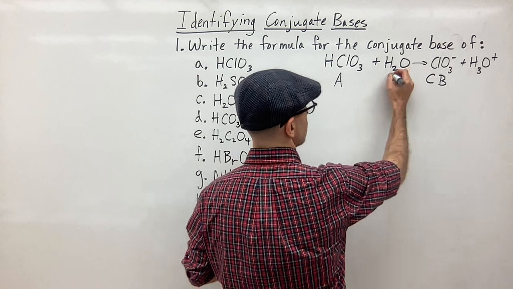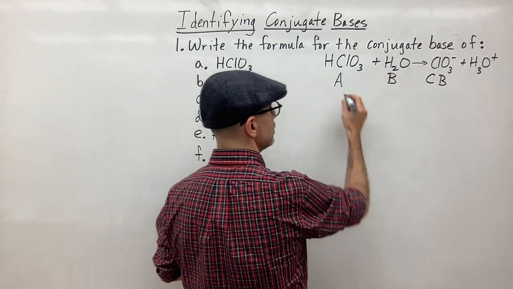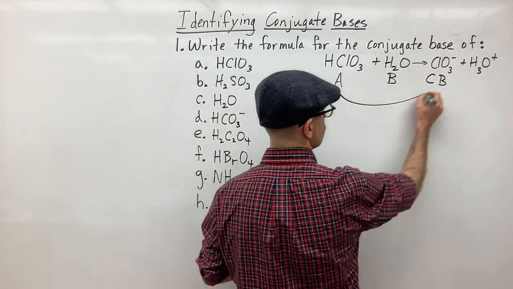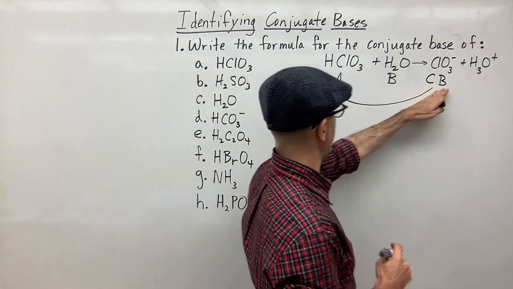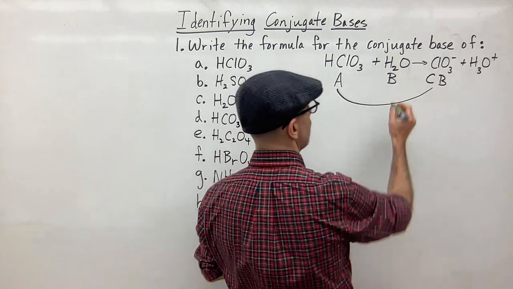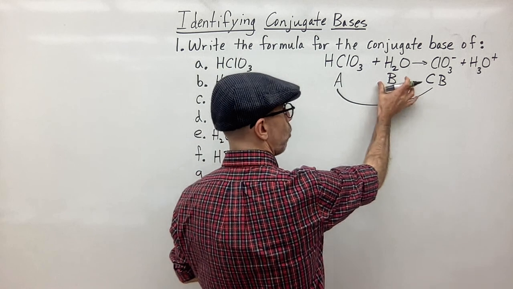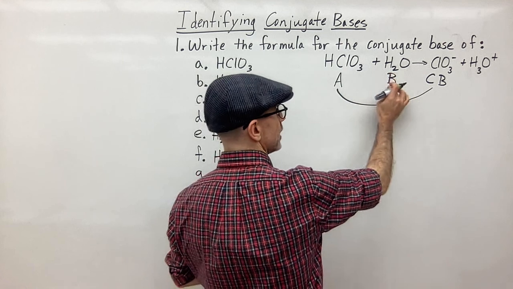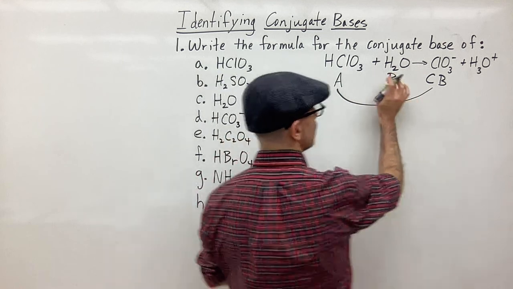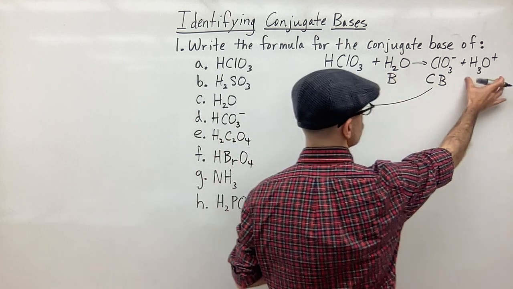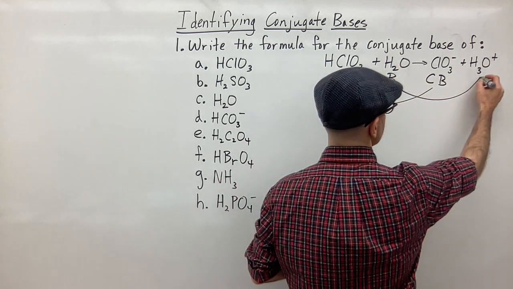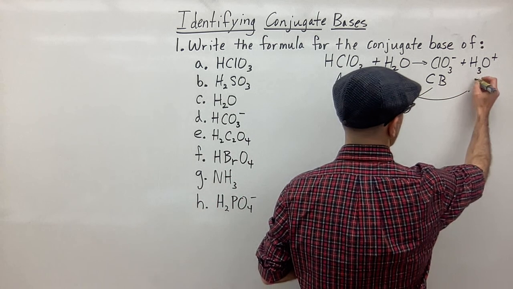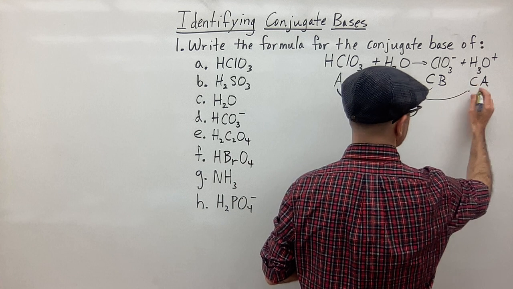Here, let me link these together. The acid and the conjugate base are linked together. In this case, water is acting as the base, and it's going to accept a hydrogen. The difference between the water and this is one hydrogen. So this gains the one hydrogen, and this is going to be your conjugate acid.